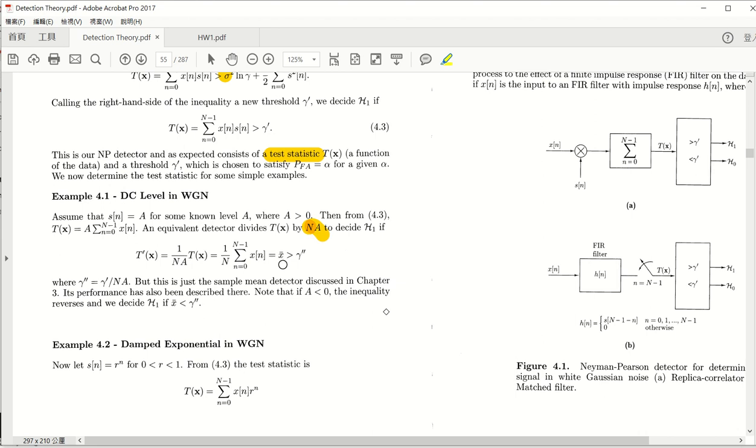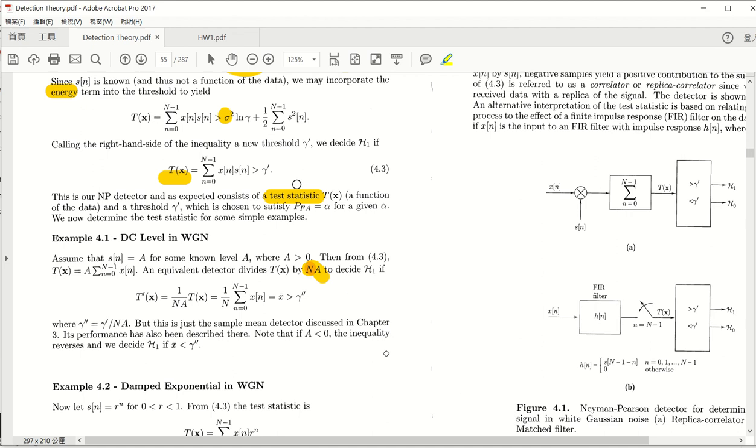But the point that we are doing this is that it's a sample mean detector, but it comes from this T here. But that T comes from where? It comes from the Neyman-Pearson criteria.